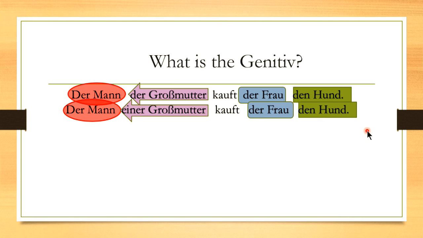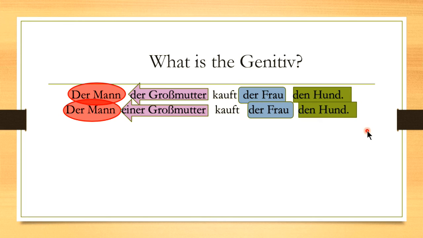Der Mann der Großmutter in English really means the man of the grandmother, which basically would be the grandfather, right? But we can say it like this in German. We don't have to say of, von. Now, when we actually talk, we would probably still say der Mann von der Großmutter, just because it would be much, much easier for us to do that.